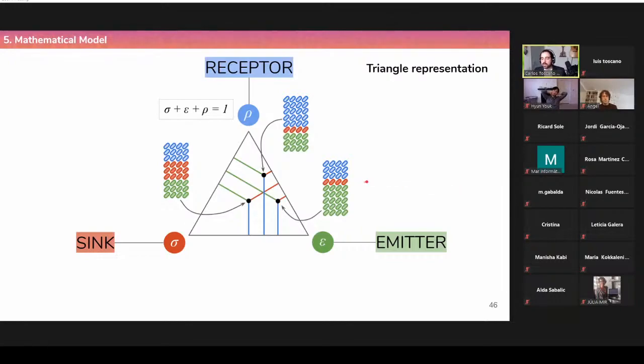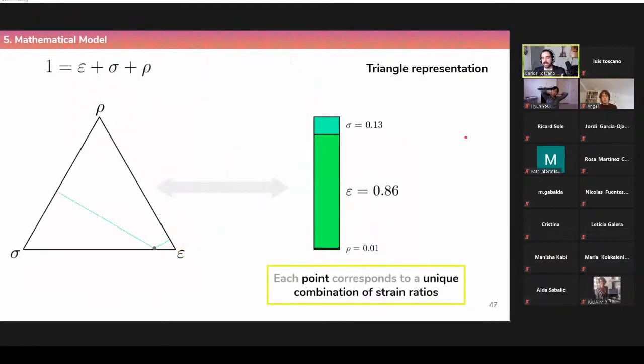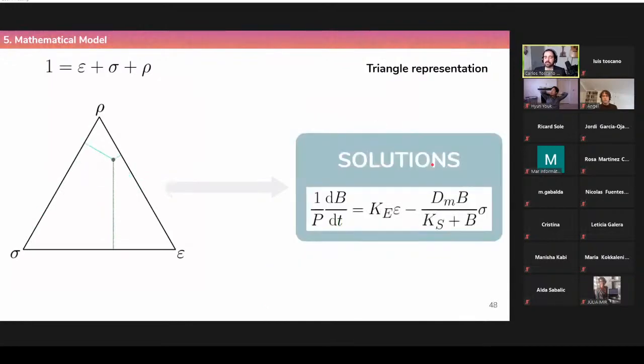That is cool, because that means that we can express every possible combination as a point inside an equilateral triangle. And well, cool. We have a bijection between all possible combinations of zinc, emitter, and receptor cells with one single point inside an equilateral triangle. And now we can map the points inside an equilateral triangle to the solution of the model.